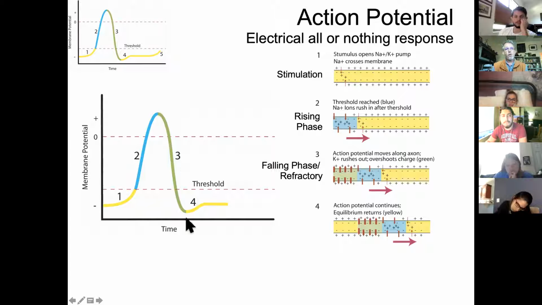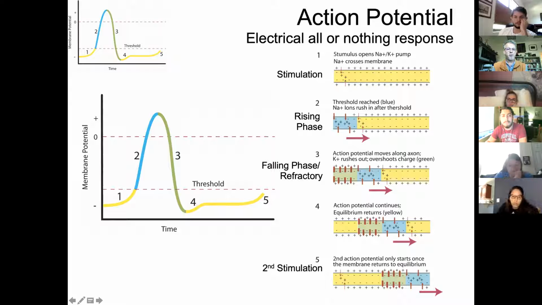So we have this overshoot that delays and slows down the response until we can finally have a second action potential, where the process is exactly the same. Positive ions drift in, the membrane becomes a little more positive. Some threshold is hit, and the threshold just describes when we get the flood of ions rushing into the cell.